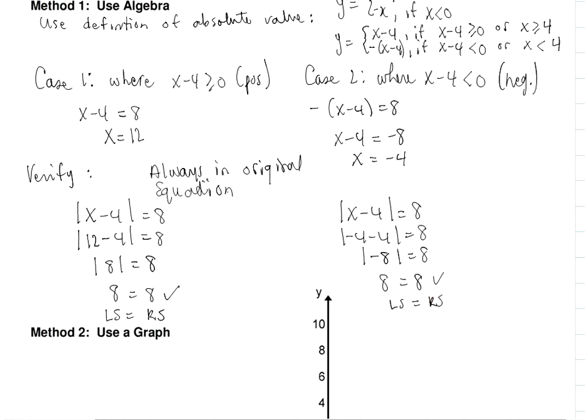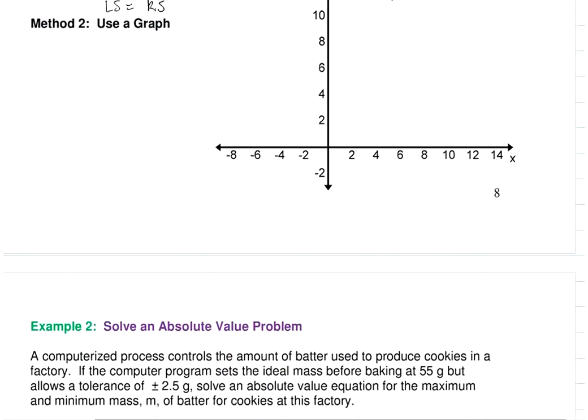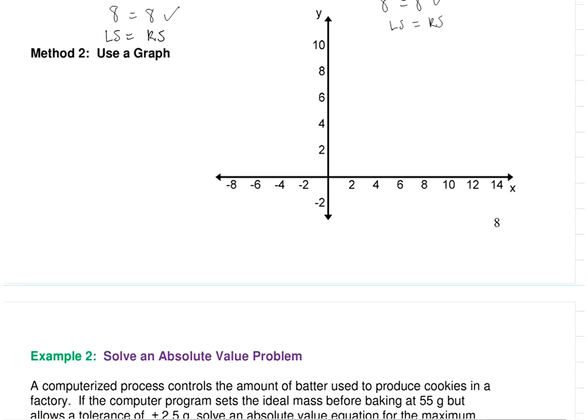Another way that we can solve an absolute value equation is by graphing. We're going to use our graphing calculators. The first thing that you want to do is enter into your calculator y1. We're going to enter the left-hand side of the equation and call that y1.